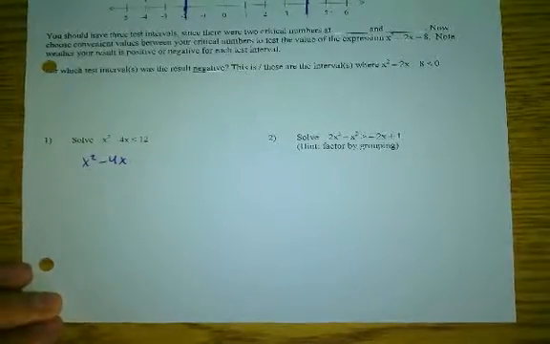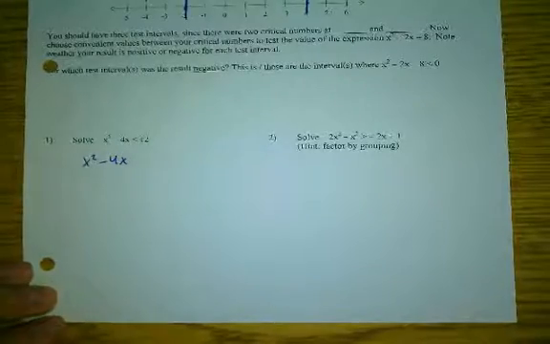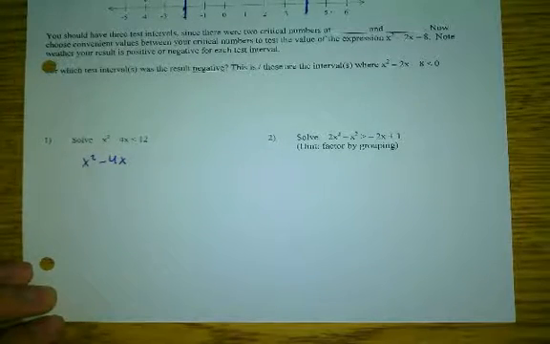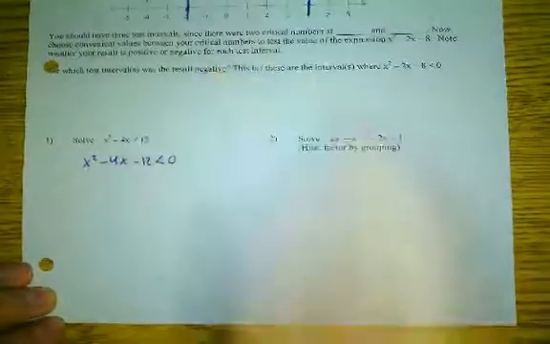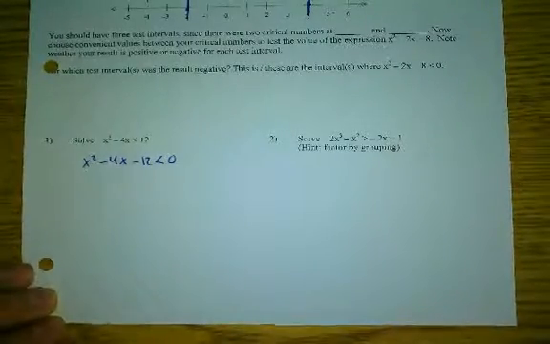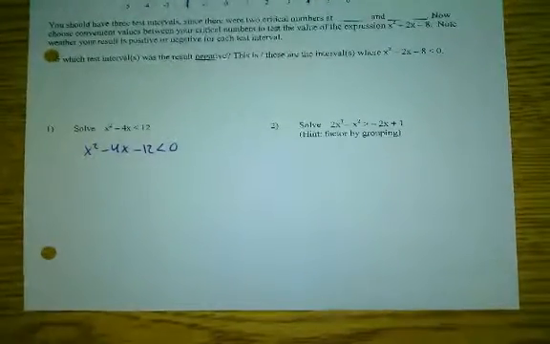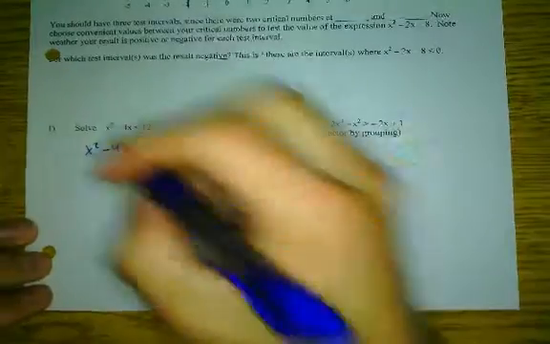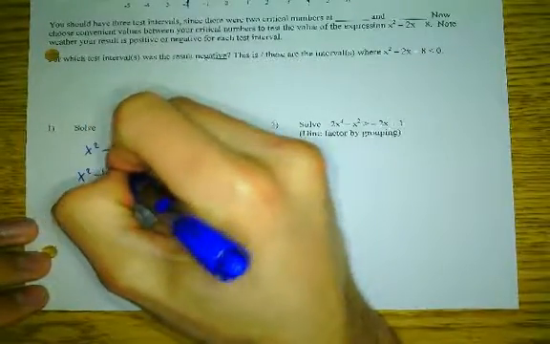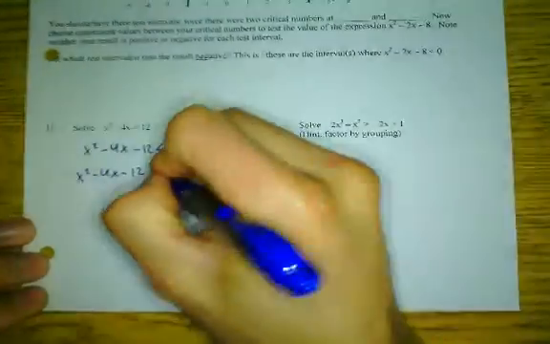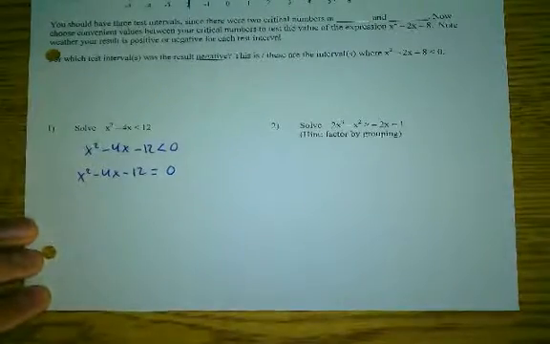It has to always be equal to 0, okay? So this becomes x squared minus 4x minus 12 is less than 0. Then you're going to substitute the less than sign for an equal sign, so you can find your critical zeros. And I think you can handle it from here, so try it. Okay, find the critical zeros.